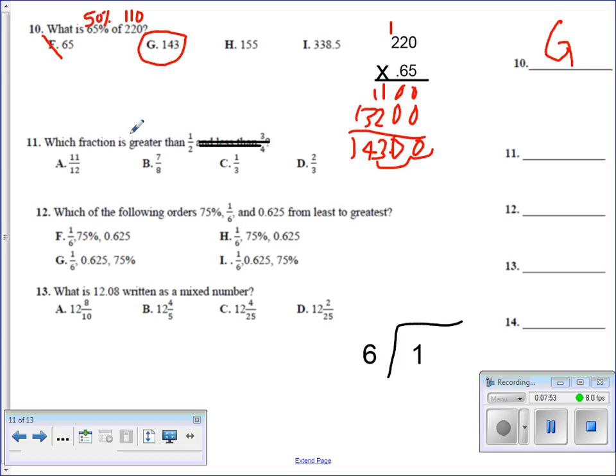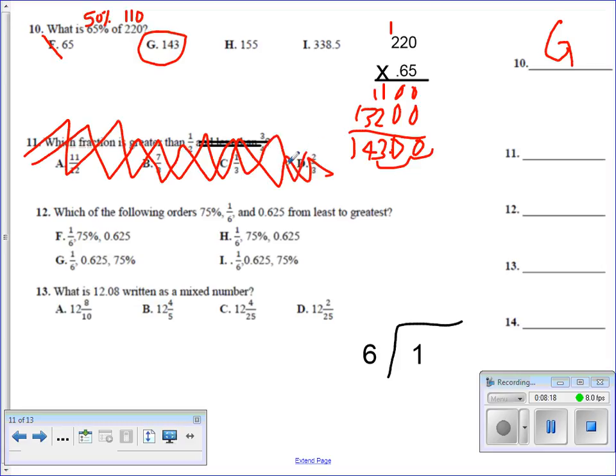Number 11 says, which fraction is greater than 1/2? Well, I know that 1/2, we can cut things in half. Oh, you know what? As I'm looking at this, it is not the same question as your test. So we're going to have to eliminate this one completely.